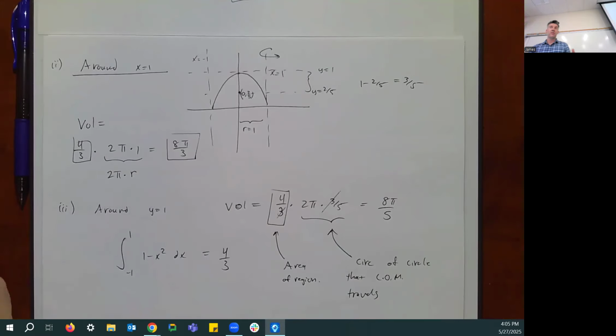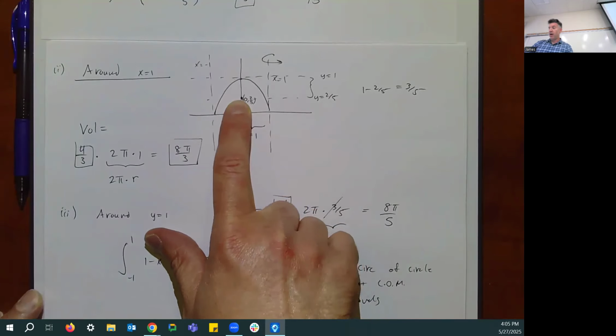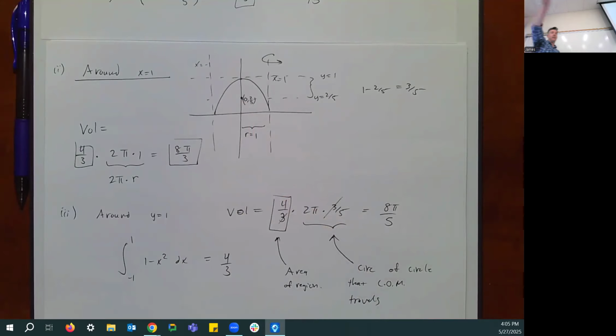Exactly this. So Pappus's theorem says if you have a volume of revolution, instead of doing it using the shell, washer, or disk method, you can instead say, I'm going to pretend all of the area is centered there. Then as it revolves around this axis, think of it like taking this piece of paper and sticking it here and having it accordion out this way.